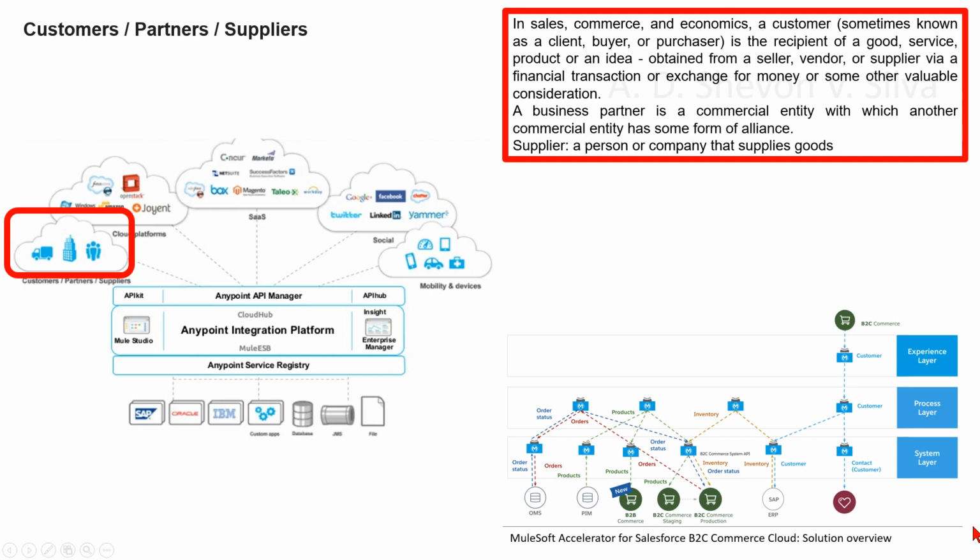Salesforce B2C commerce system API. Here you can see the B2C commerce system API. The B2C commerce system API exposes product, orders and inventory data as JSON.